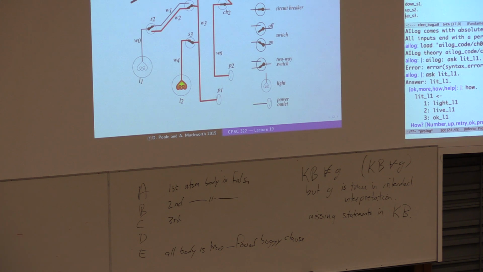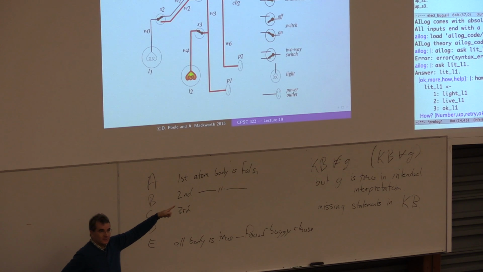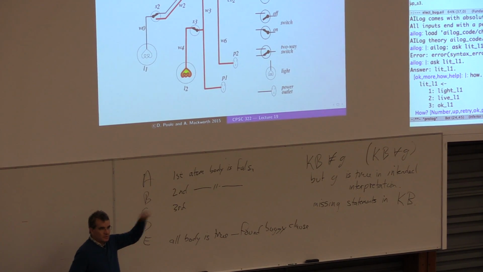Right, so which one of these is it: the first atom in the body false, the second atom of the body false, the third atom of the body false, or we found the clause? Okay, does everyone understand what we're doing? We're looking at this diagram. Does everyone understand the meaning of these symbols? So which one of them is false?